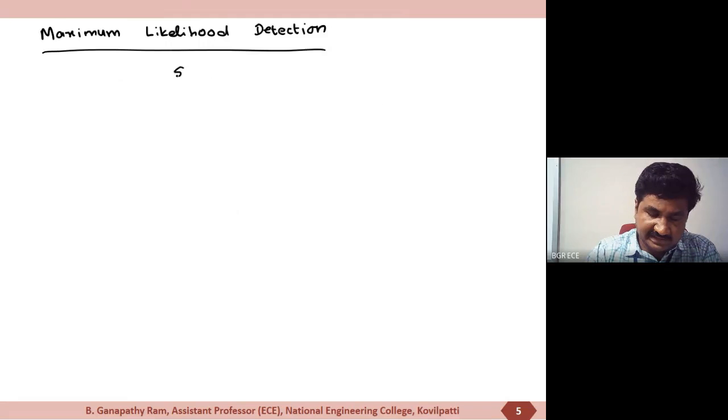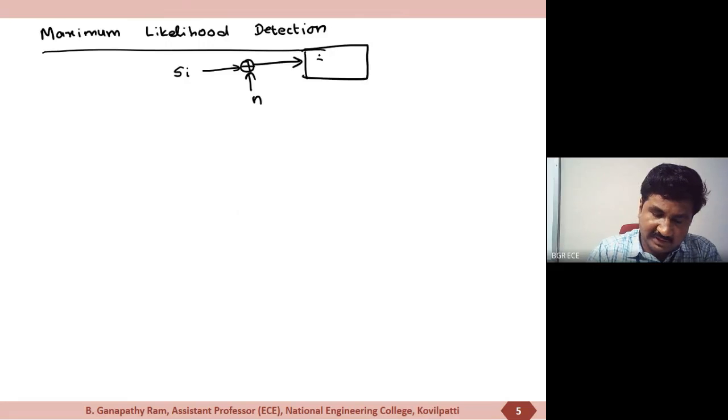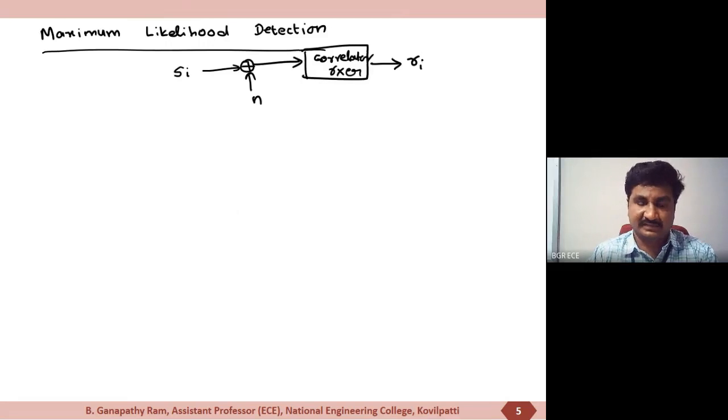So the symbol vector Si is transmitted and it is corrupted by noise, and after the correlator receiver, R is received. Every element in the vector is corrupted by the noise. That means we are receiving R when Si is transmitted.